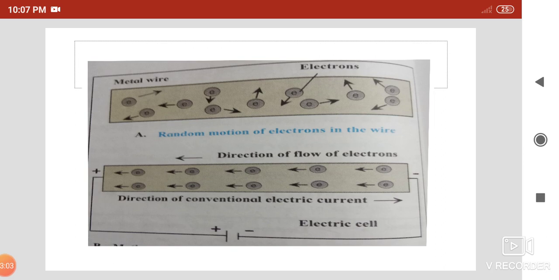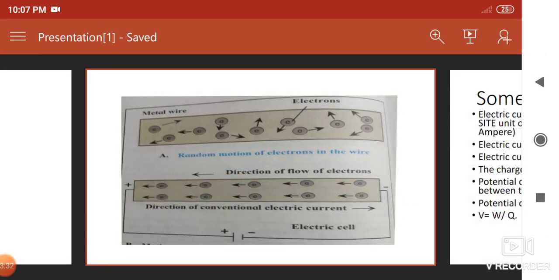In the first figure, figure A, you can see the electrons are moving in random directions. Their speed is very low. Now when this wire is connected to the cell, the electrons start moving from one end to the other. This flow of electrons is called electric current.